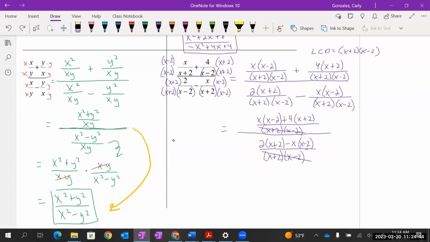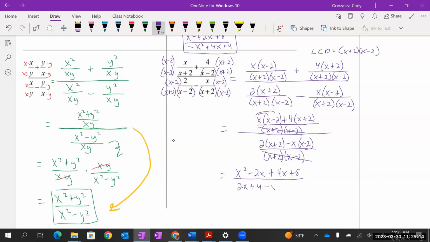And so now we're ready to simplify. In the numerator, we have that x squared minus 2x. Then we'll distribute the 4 to get 4x plus 8. In the denominator, we have that 2x plus 4. And then again, careful with distributing that negative x.